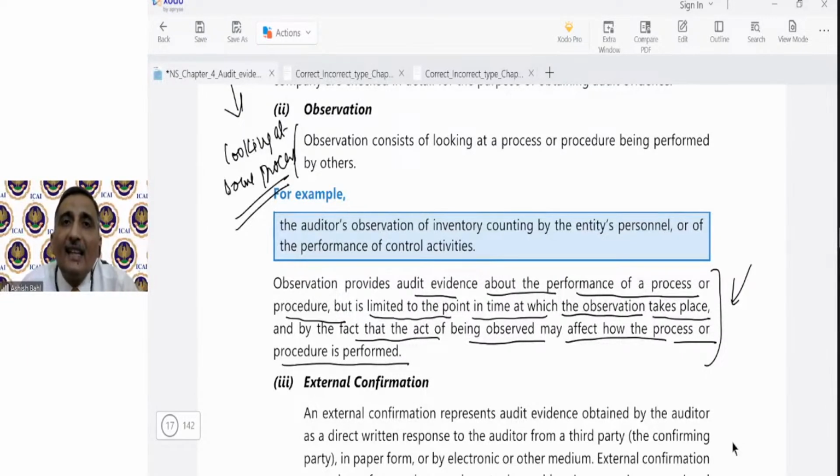Now, whether that thing has happened in the past or not, you would be obtaining evidence by inspecting, by seeing whether management has documented, whether the company has got some record that such process was carried out effectively in the past, during previous dates also. That you would be getting by inspection. Okay.